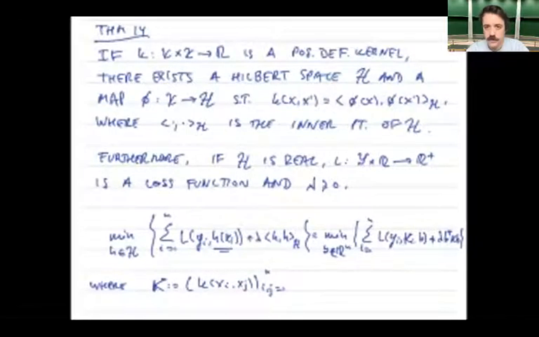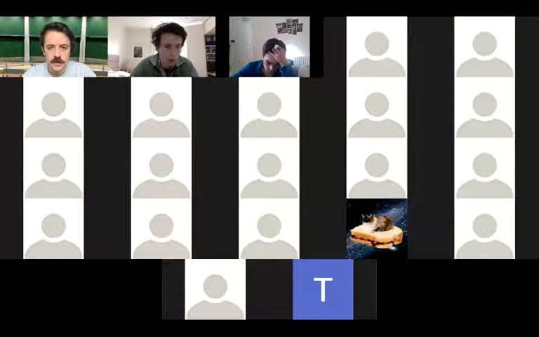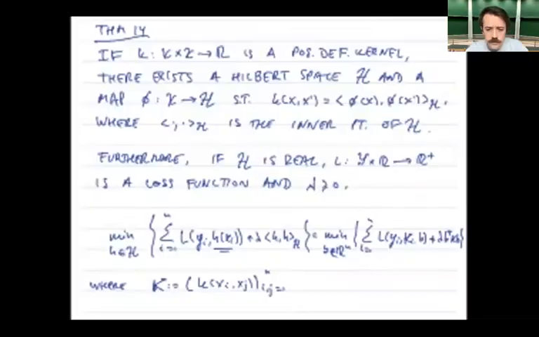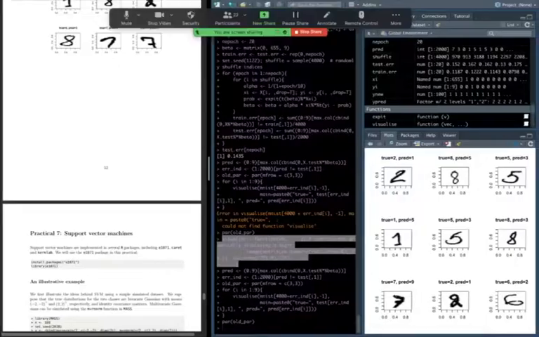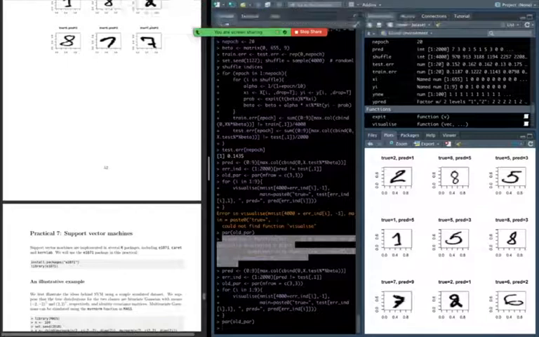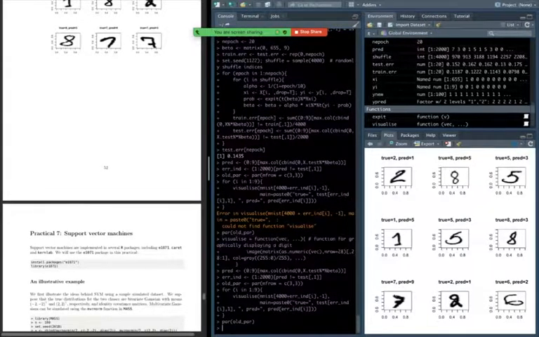Sharing's paused. Okay, so let me stop sharing. You should be seeing now RStudio.